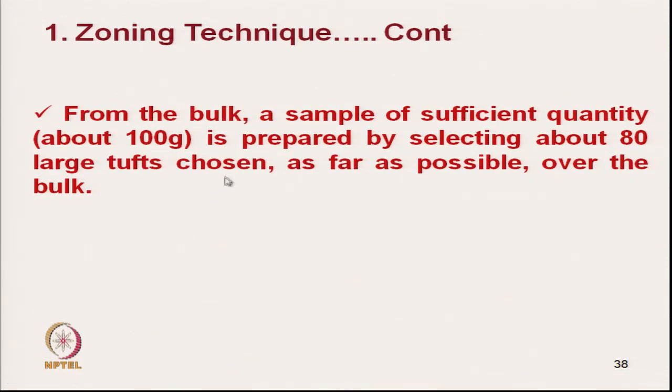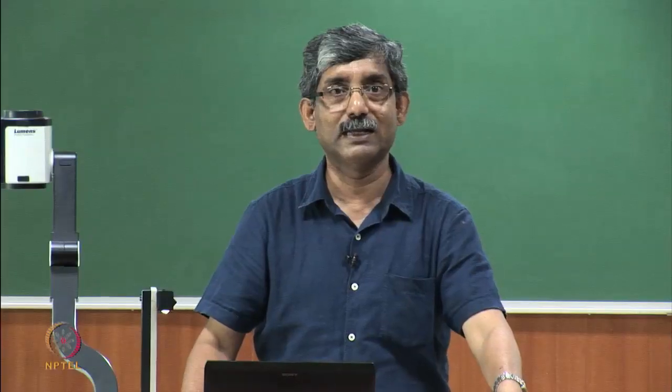From the bulk, a sample of sufficient quantity, say about 100 gram, is prepared by selecting about 80 large tufts chosen as far as possible over the bulk. So, different tufts we have selected.